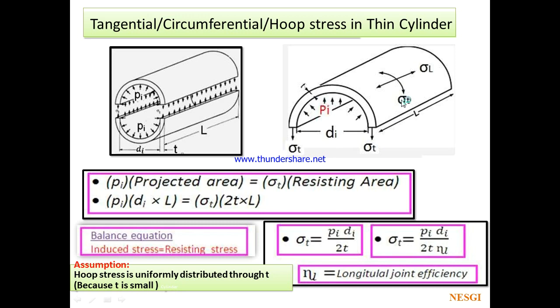The force acting on the cylinder is given by pressure times projected area. Projected area is diameter into length; if you project this on a plane, it is a rectangle, Di into L. So Pi into Di into L is the applied force due to pressure.